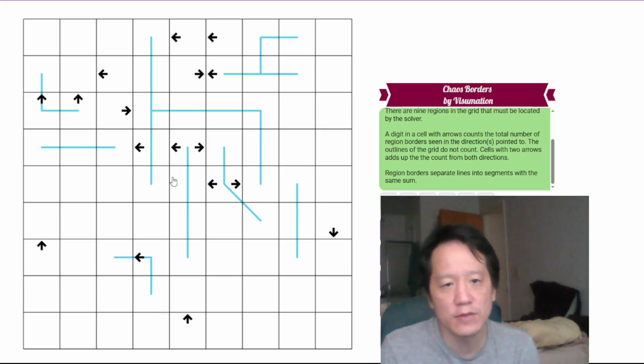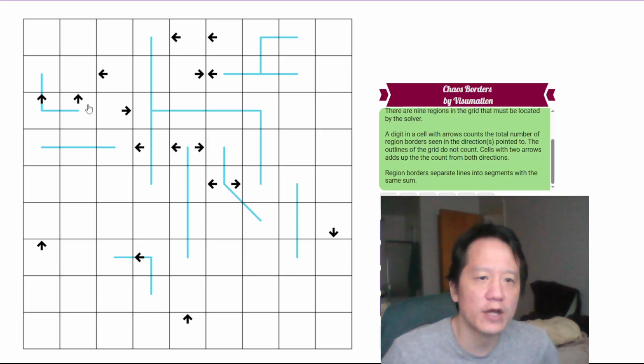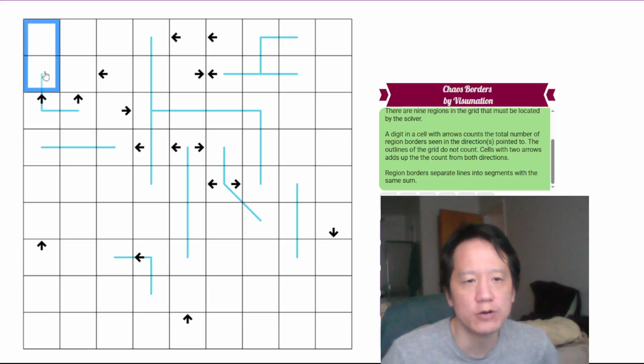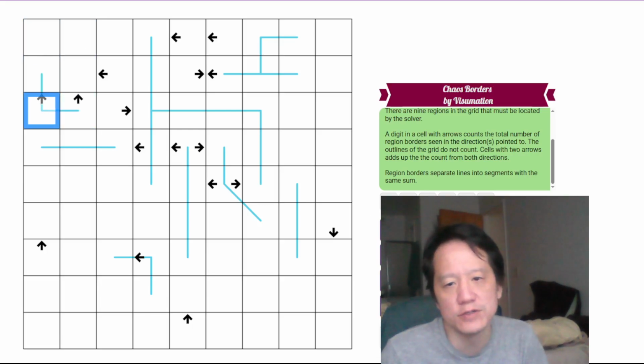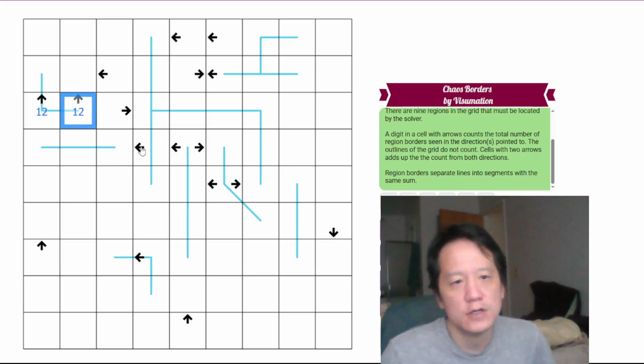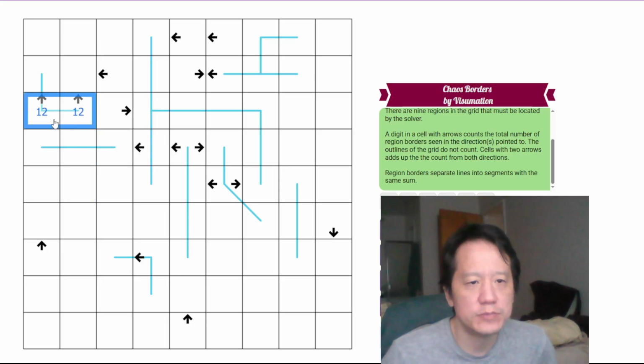Let's go. Okay. This has at least one region border here, and maybe two. Same with this. This is 1 or 2, and this is 1 or 2. That's interesting.